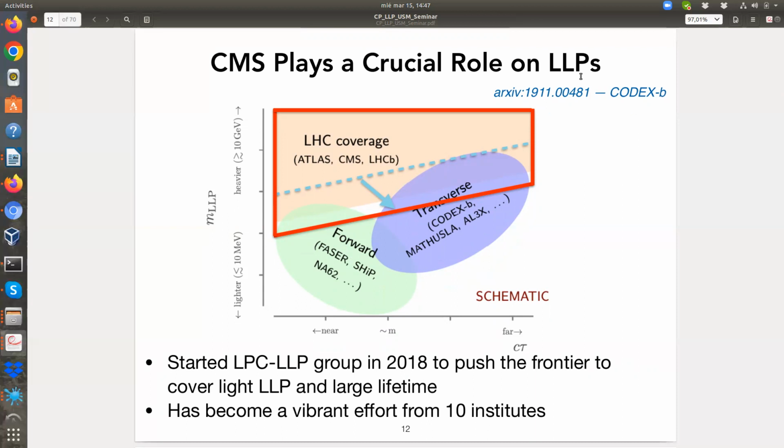So it took about 2 years to get everything ramped up, and we started about 4 or 5 years ago. We have now started to get a lot of important results. It's a vibrant effort from maybe 10, 11 or 12 institutes by now, with about 30 people working on these searches.